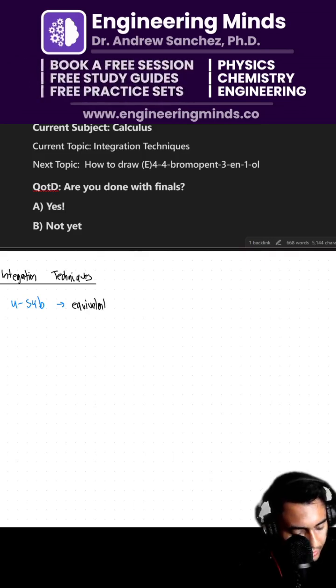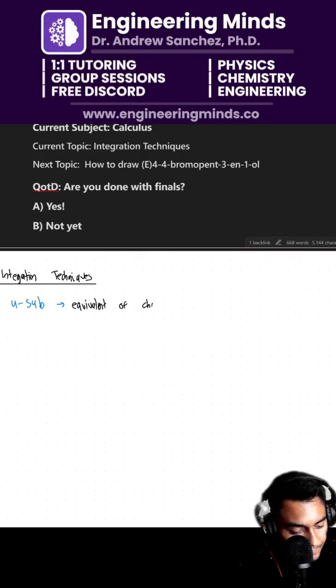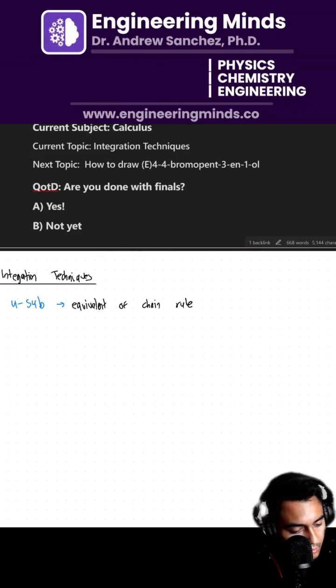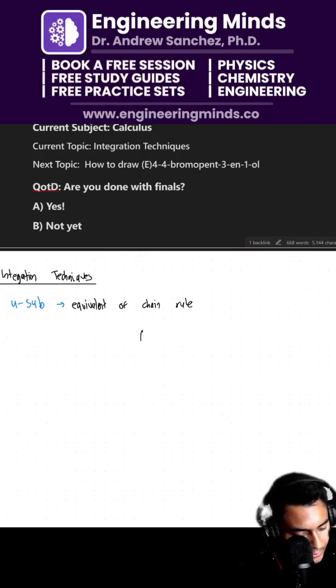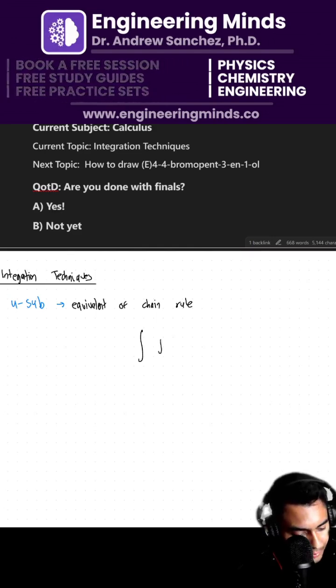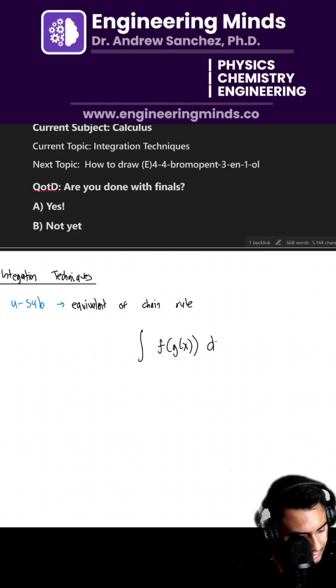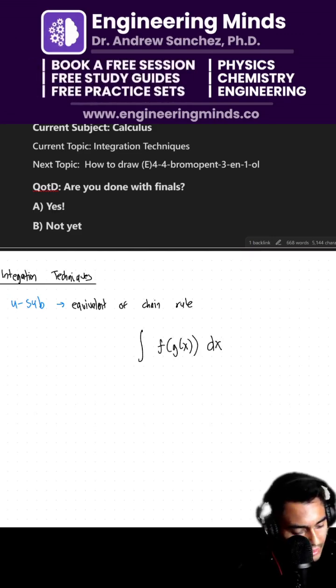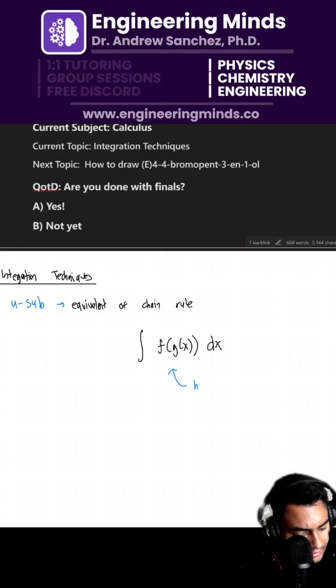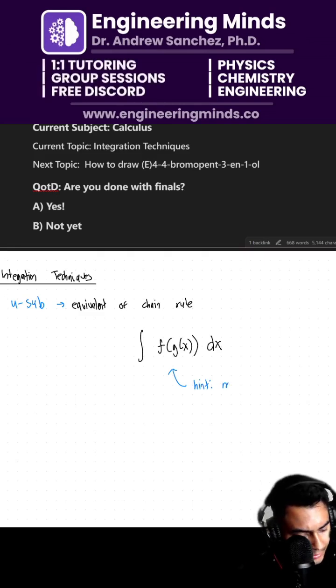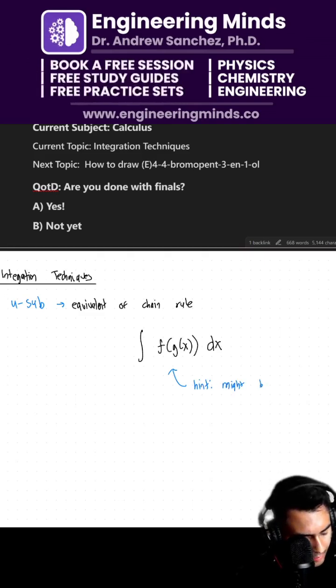It's the equivalent of chain rule in Calculus 1. So if we have a function within a function, for example, f of g of x dx, that's going to be a hint that it might be a U-sub.